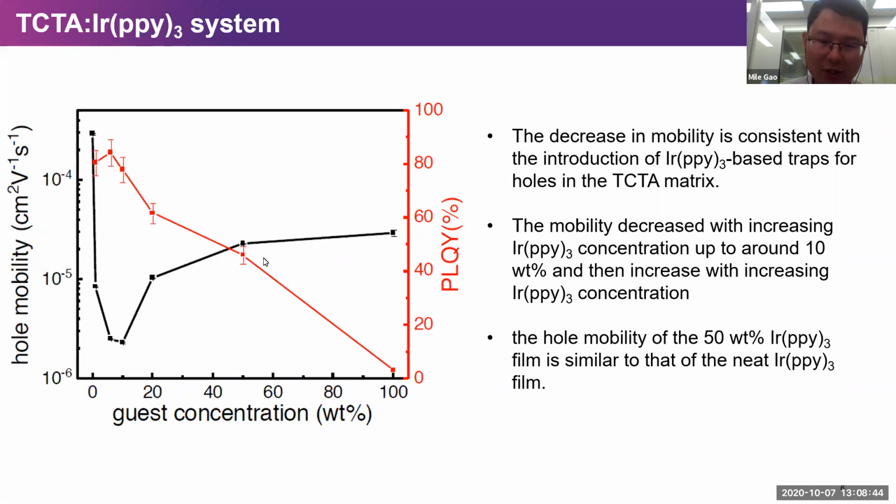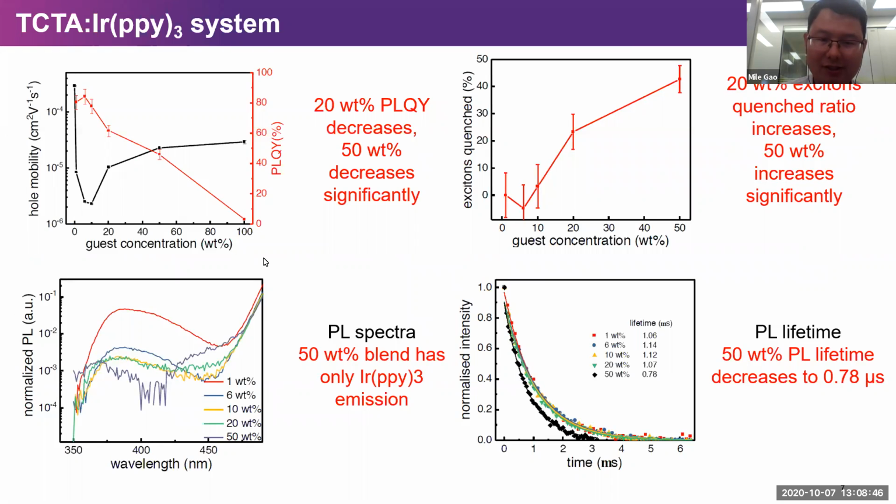But we also need to consider the photophysical properties apart from the mobility. So we also check the concentration effect on photophysical properties. We measure the PLQY, the PL spectra, the PL lifetime, and calculate the exciton quenching versus the guest concentration. First, PLQY.